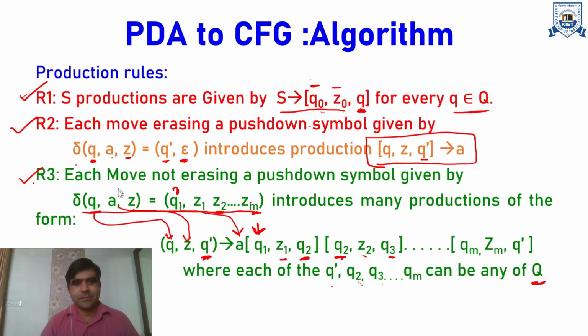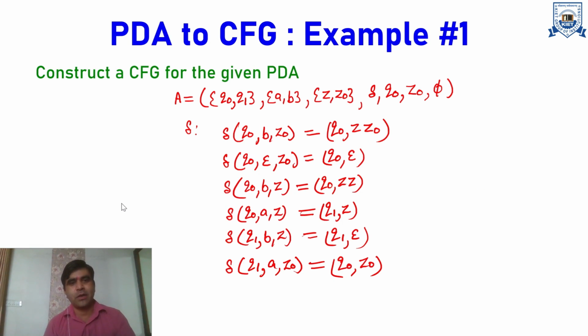Let's see. This is one push down automata, given by A, where Q naught and Q2 make up this capital Q, the set of states. This is your input alphabet, this is your stack alphabet, this is your transition function, this is the initial state, and Z naught is the initial stack symbol.